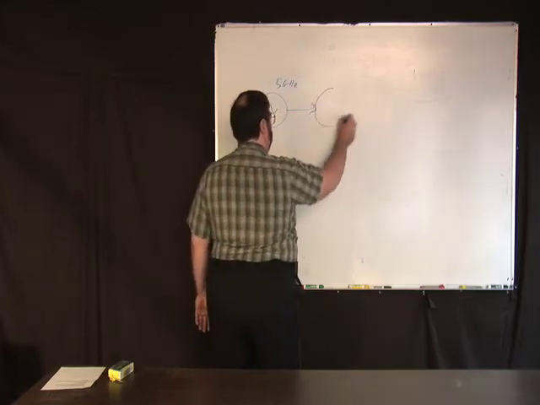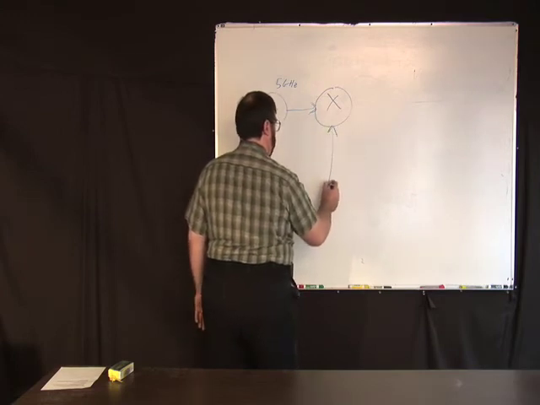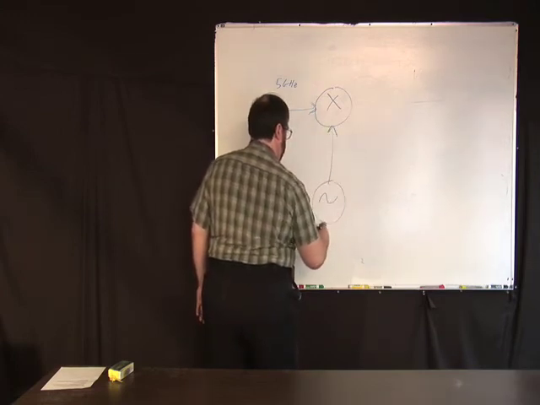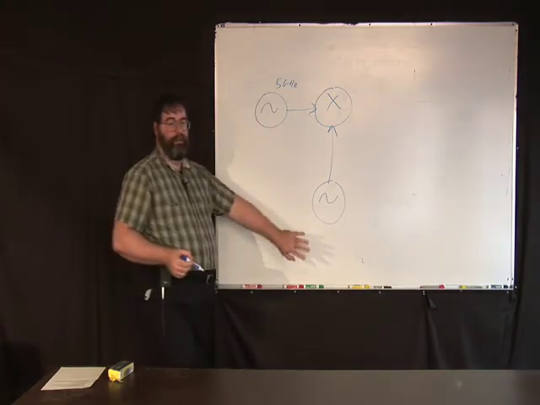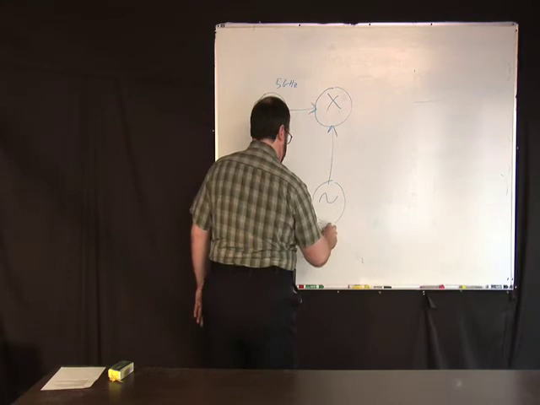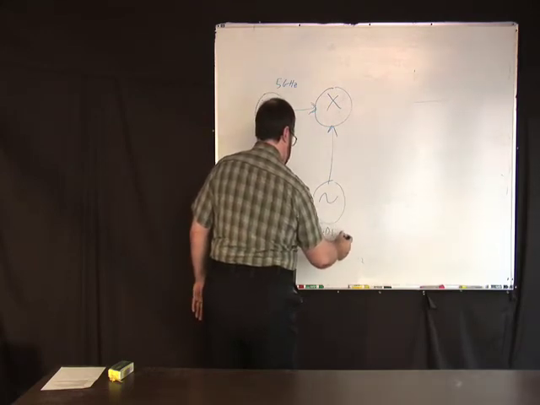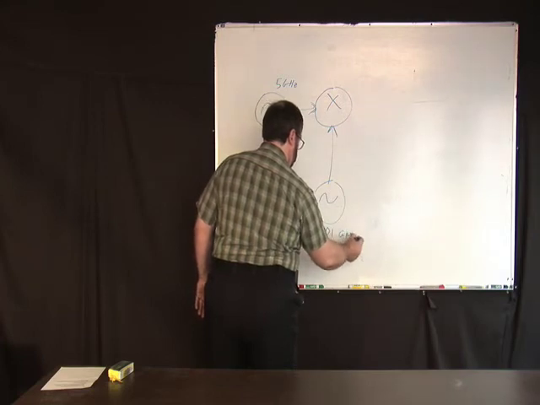You can mix that down by putting in a signal that's locked to a stable oscillator at, let's say, 5.01 gigahertz.